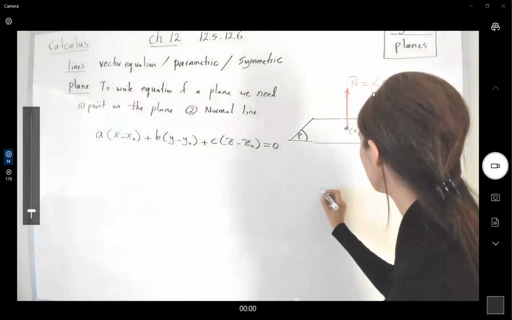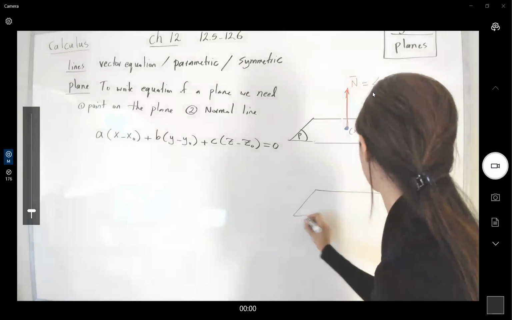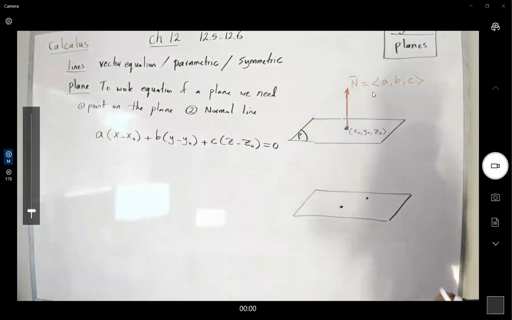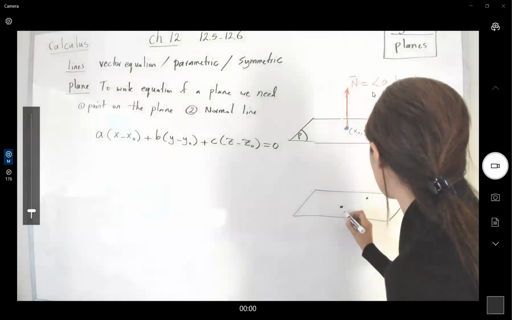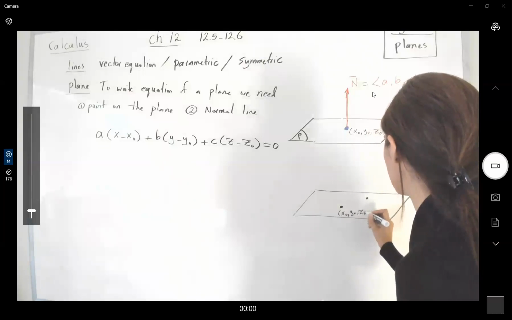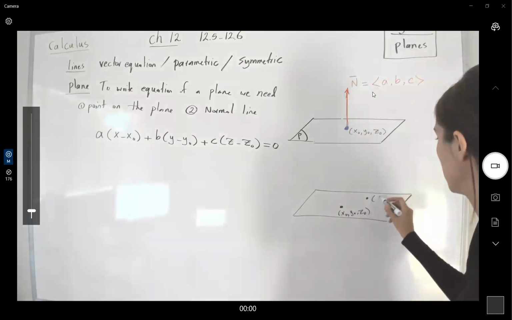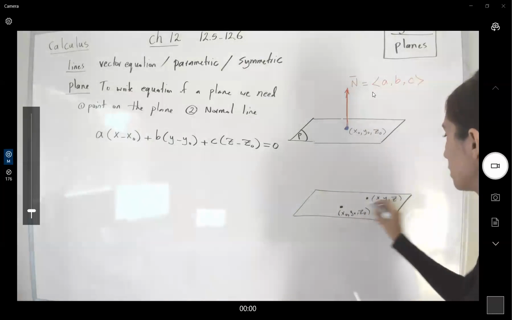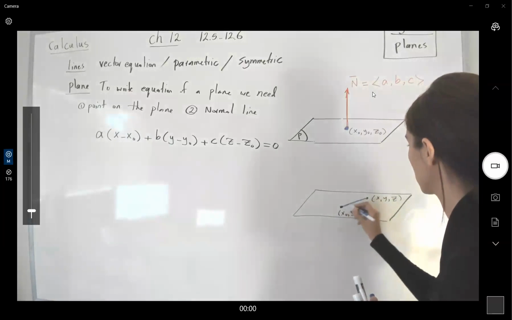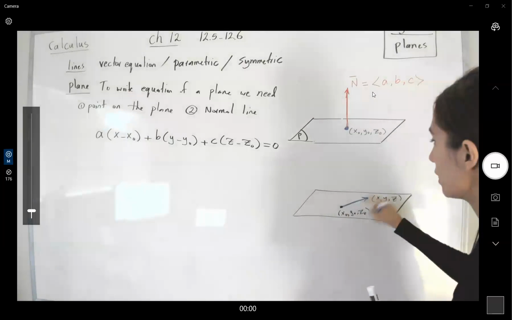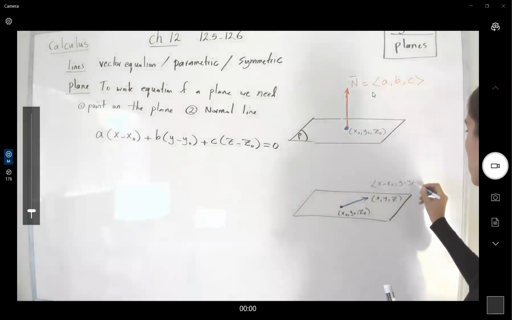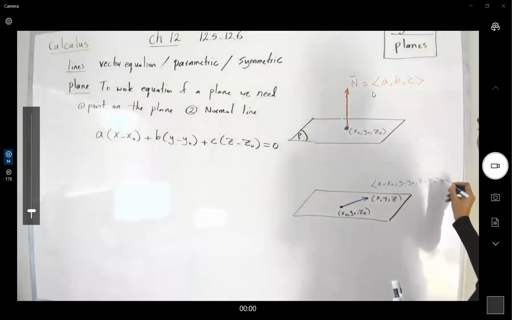It means that if I take 2 points on the plane, so this is my x sub 0, y sub 0, and z sub 0, and this is another point on the plane, x, y, z, I can connect these two and construct a vector. This vector has components x minus x sub 0, y minus y sub 0, and z minus z sub 0. Very well.